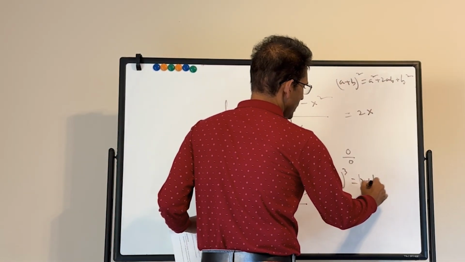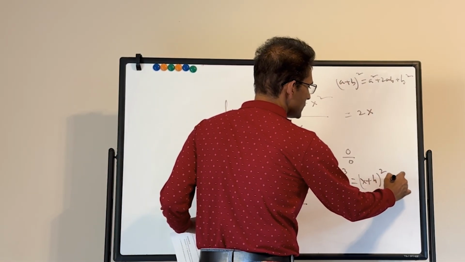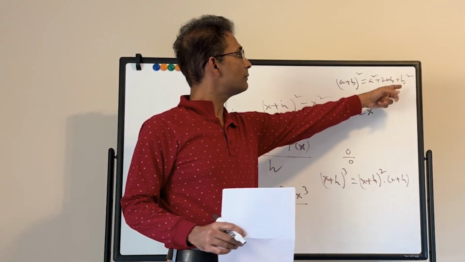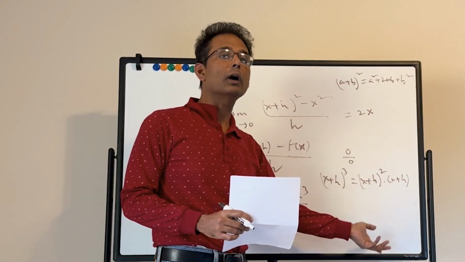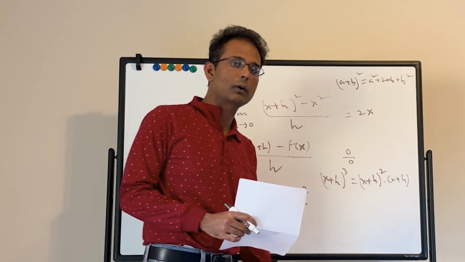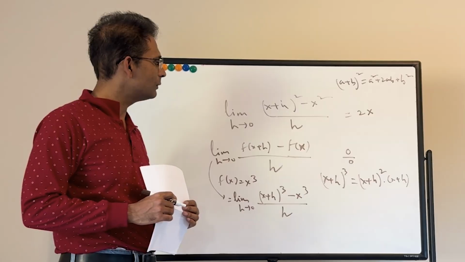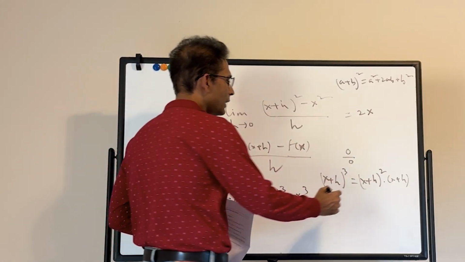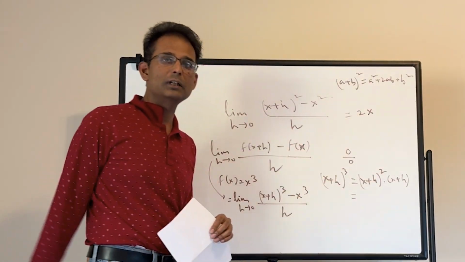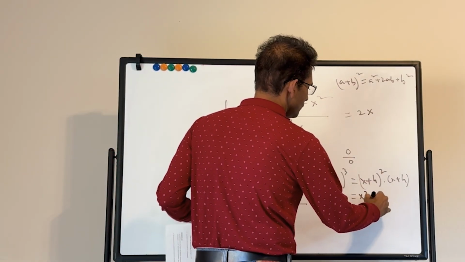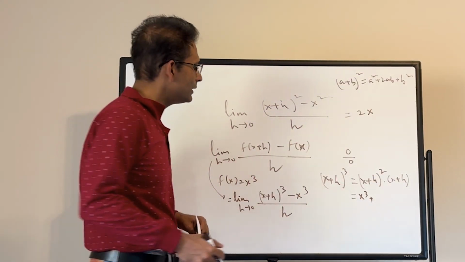You can just write this as x plus h squared times x plus h, and for this you can use foiling, distribution and so on. Collect the like terms, and you'll get an expression. I'll not get into the detailed calculation, but I'll write down the final expression. If you have done your calculations correctly, then you should get this one.